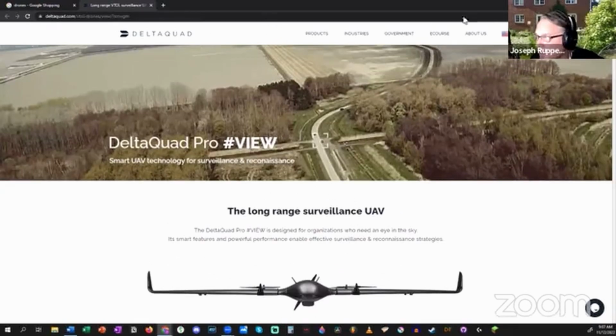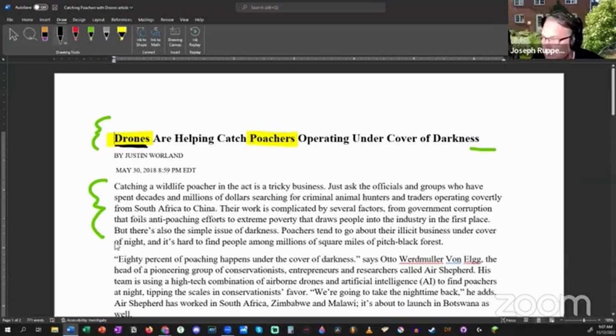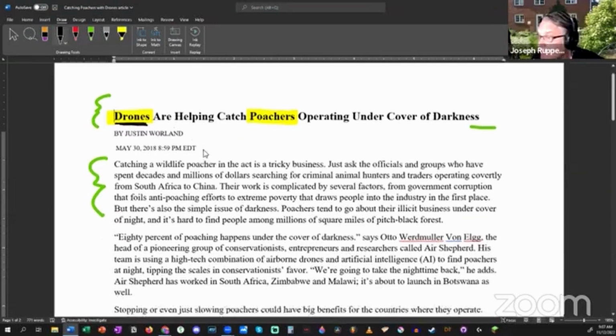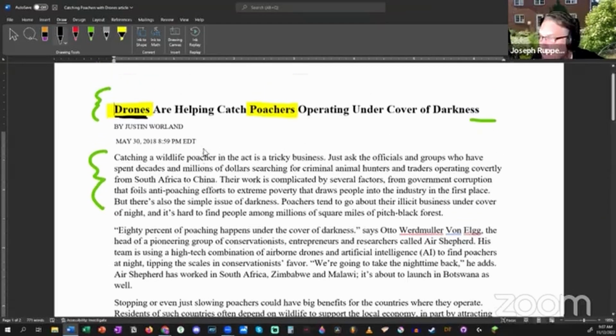Okay, so when we're talking about drones, this is what we're referring to. Drones are helping catch poachers operating under cover of darkness. The first part is pretty basic.